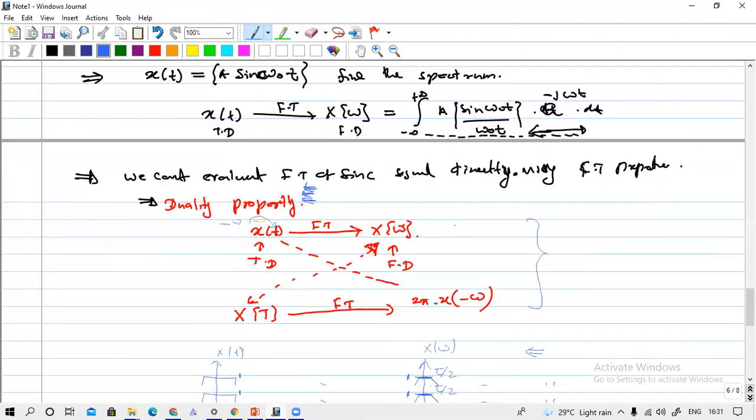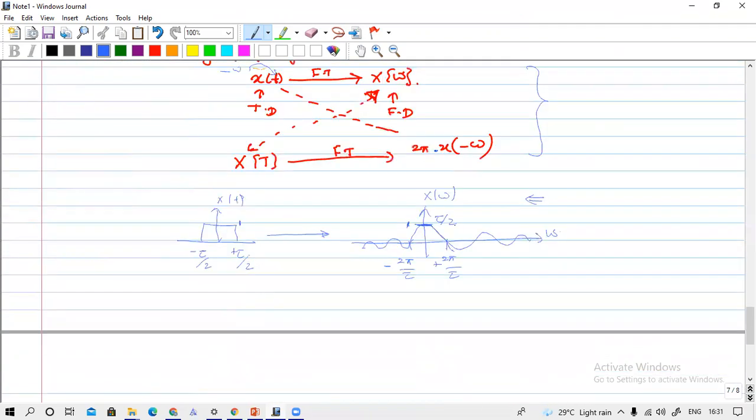We have done this, but we have done this from minus tau to plus tau, with A. So we have the signal like this.